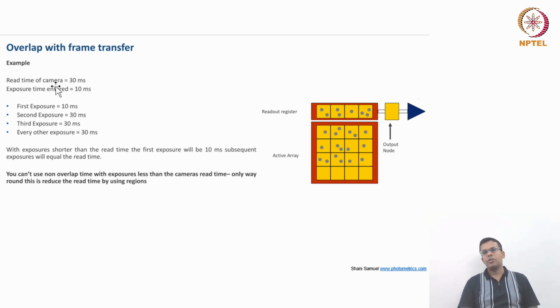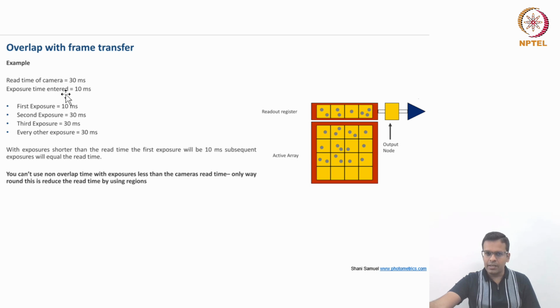So basically you cannot go as fast as 10 milliseconds, but you can ask the camera to capture the image every 30 milliseconds, or even more. The camera can capture movies every 50 or 60 milliseconds, but not below 30 milliseconds, because 30 milliseconds is the camera read time.